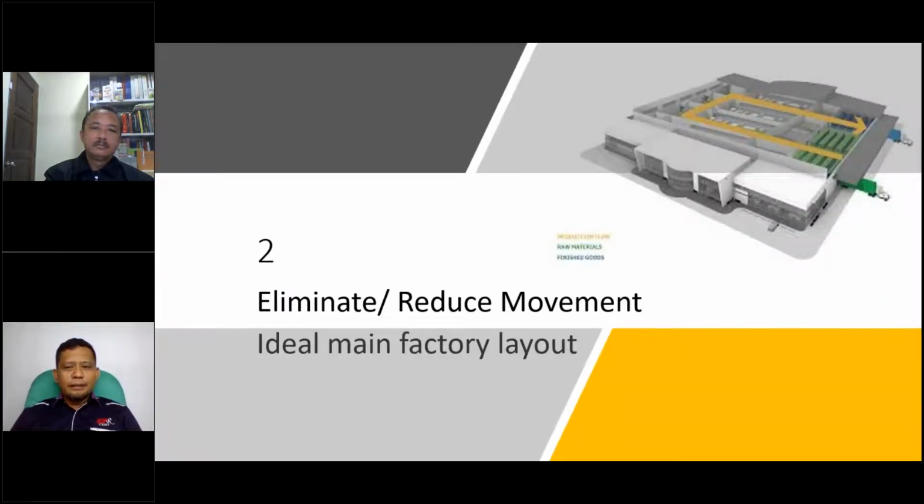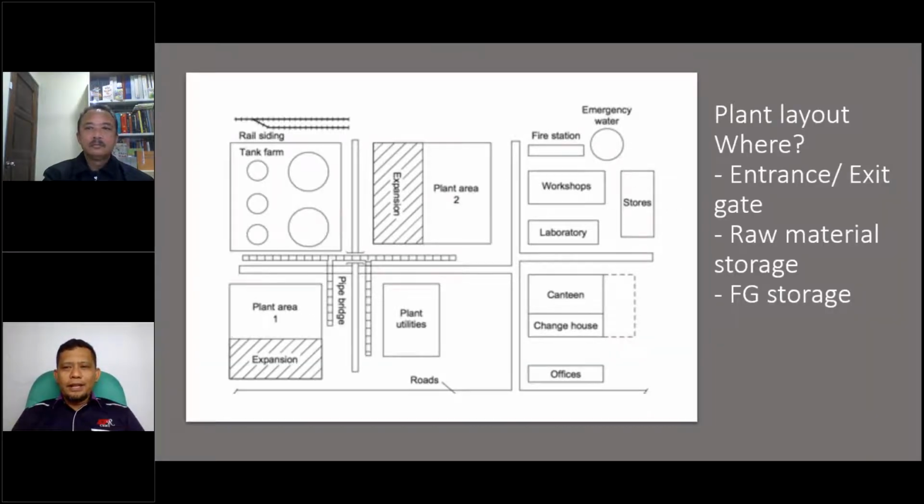Right, so let's look at the next section, which is some ideas on how to eliminate or reduce movement by having the most ideal, or the most practicable, main factory layout. I'll share one example here. This is a typical chemical plant.